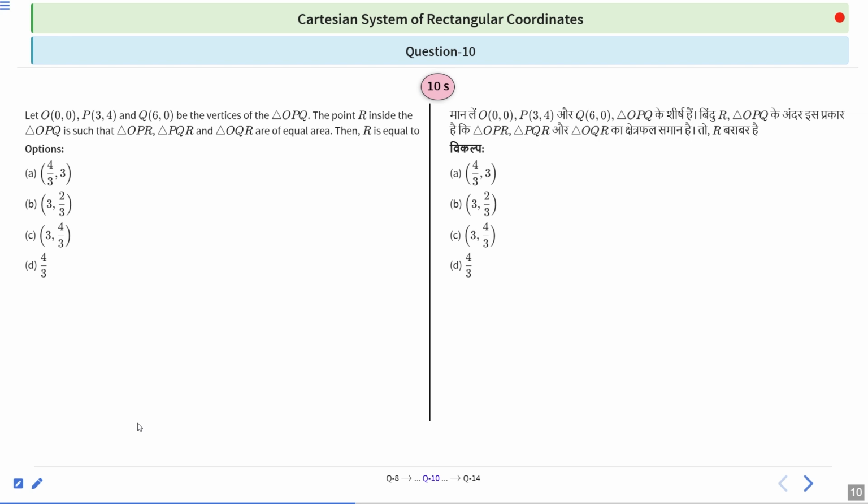We will put a point R inside triangle OPQ such that triangles OPR, OQR and PQR have equal area. Clear? So we can assume the coordinates of R as (alpha, beta) or (h, k), and we can easily find the area of the three triangles using the coordinates, right? So in this way you can try to approach this question. You have 10 seconds to solve or think about this question. After 10 seconds we will discuss the solution part, right?